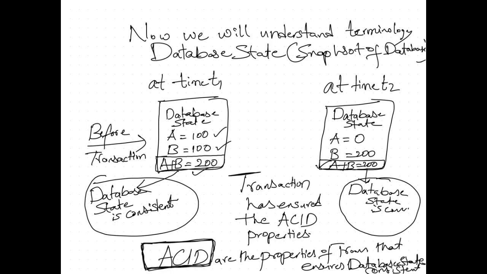Consistency of the database is achieved by the transaction. How is the transaction going to achieve that consistency? By using ACID properties. Every transaction follows ACID properties and gives consistent results on the database. Regarding ACID properties, we'll discuss in the next video. Thank you.